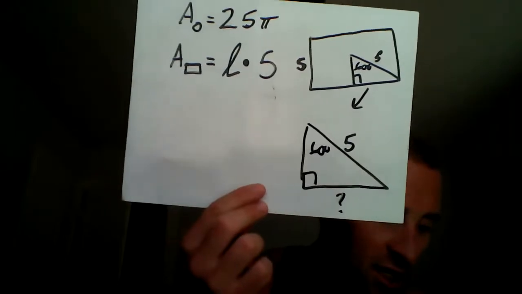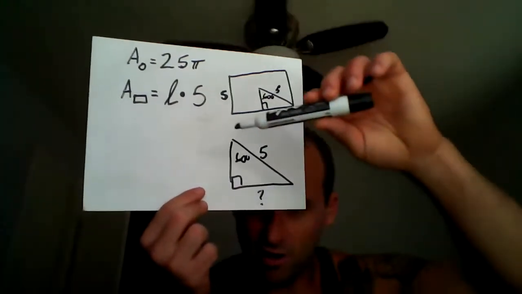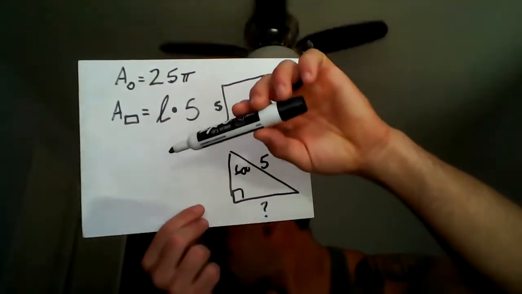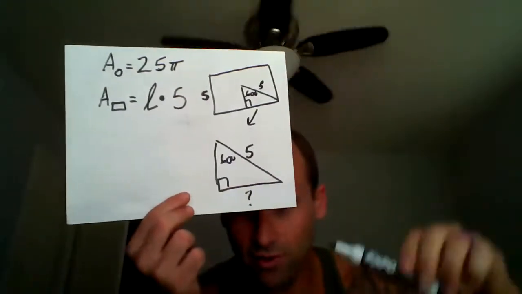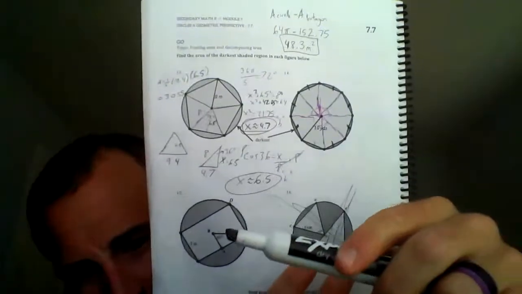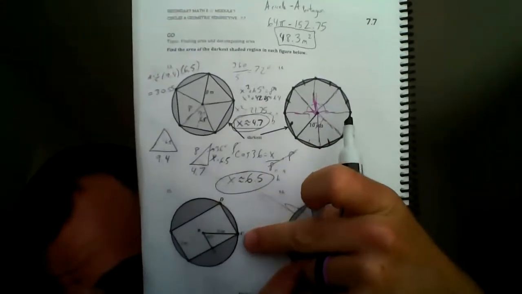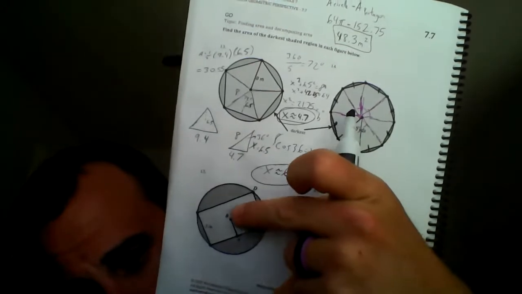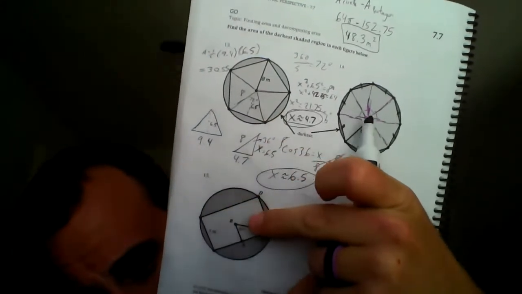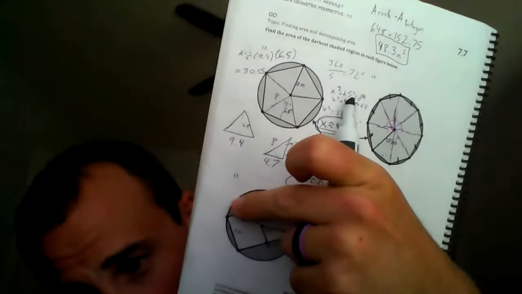Doubled would be 10, but remember, if you double it like that, it would have to go right through the center. So like right here, if we went from here all the way through this way, then that would be 10.